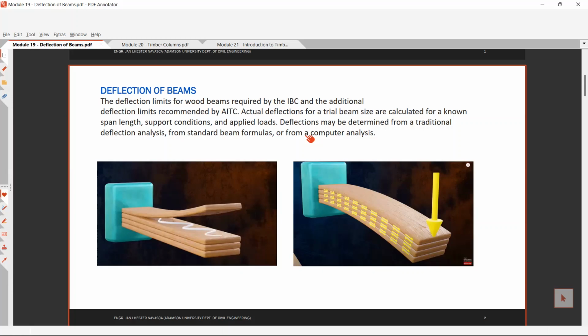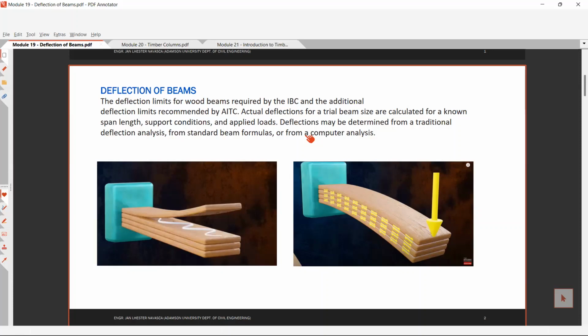If you recall, the standard beam formulas are like 5WL^4 over 384EI, PL^3 over 48EI, and so on. And also computer analysis. Computer analysis uses the stiffness method and also the finite element method or finite element analysis.